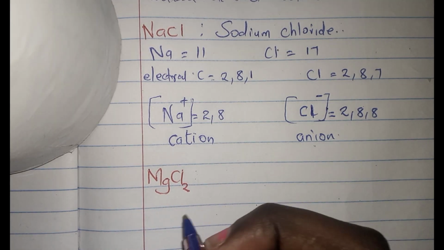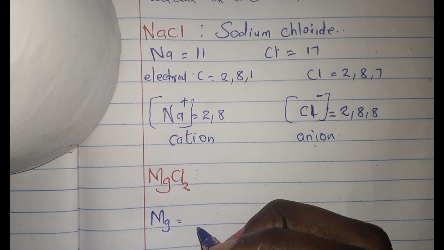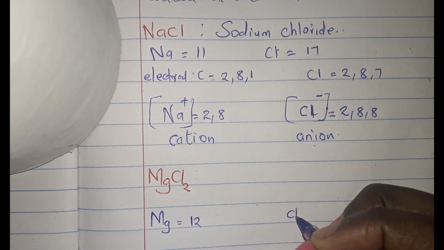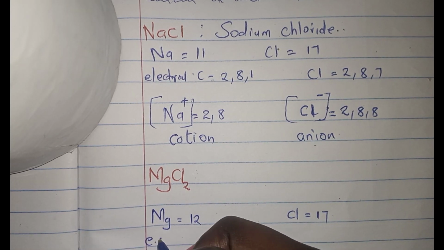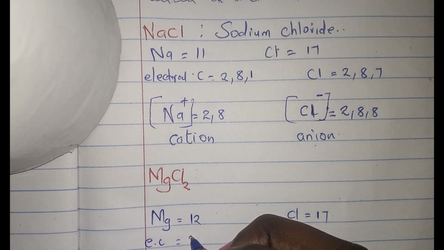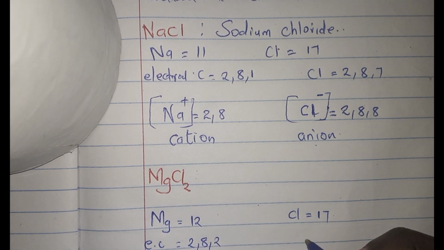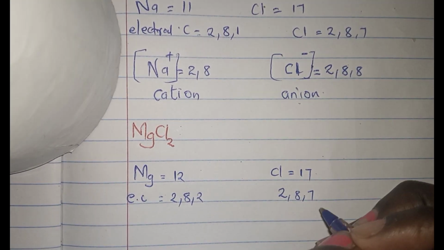So our metal, magnesium, with atomic number 12, and chlorine, atomic number 17. Electronic configuration here is 2, 8, 2, and for chlorine 2, 8, 7.